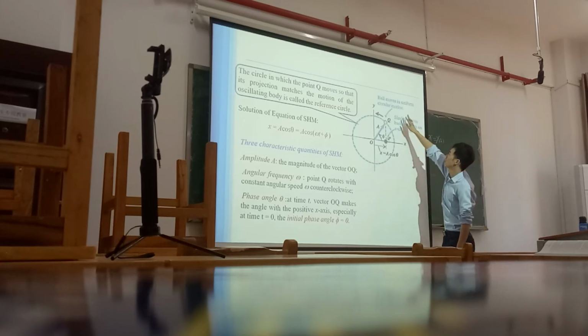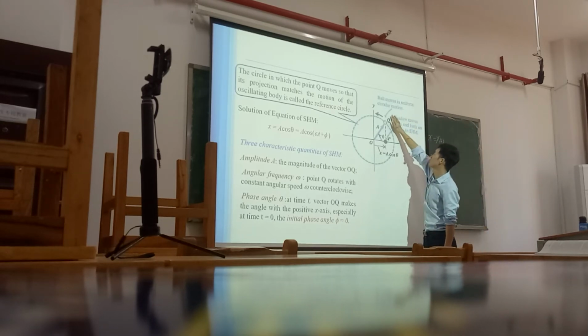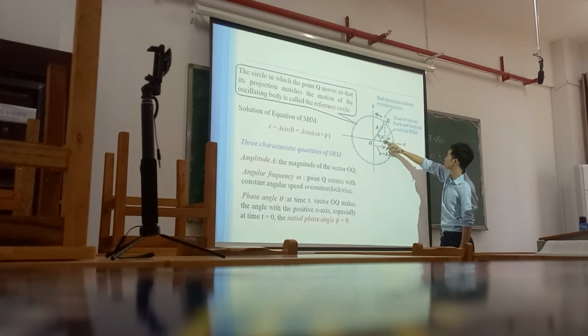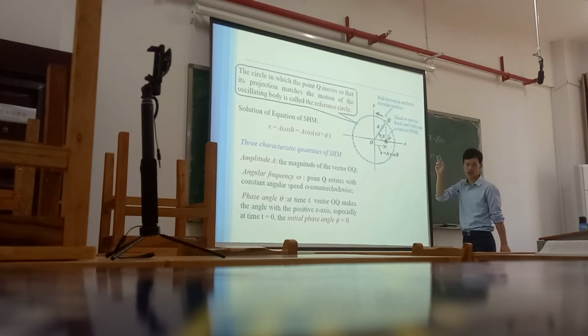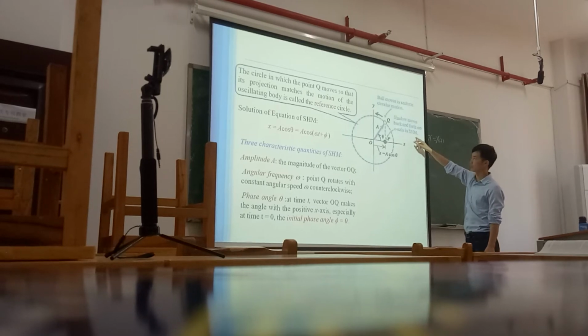So the ball moves in uniform circular motion, and the shadow moves back and forth on the x-axis, and is in a simple harmonic motion.